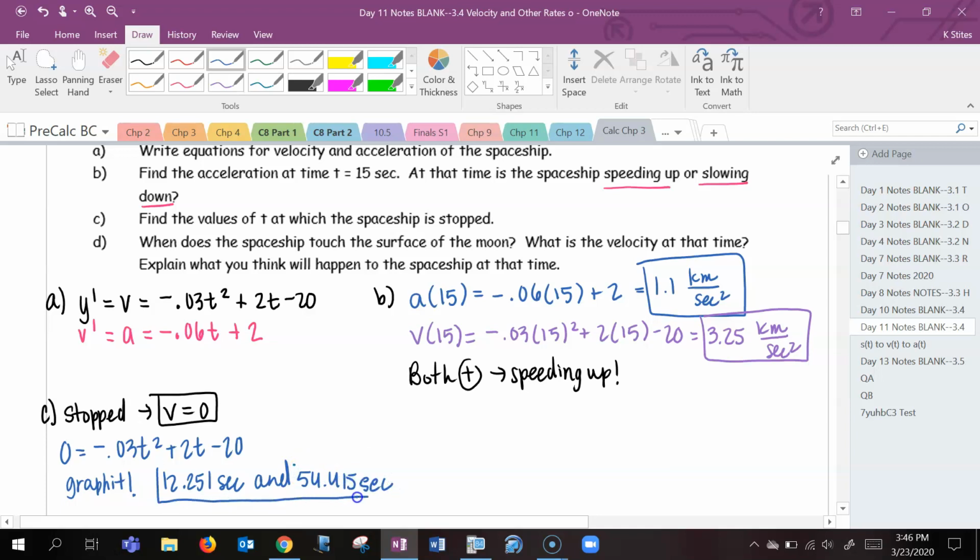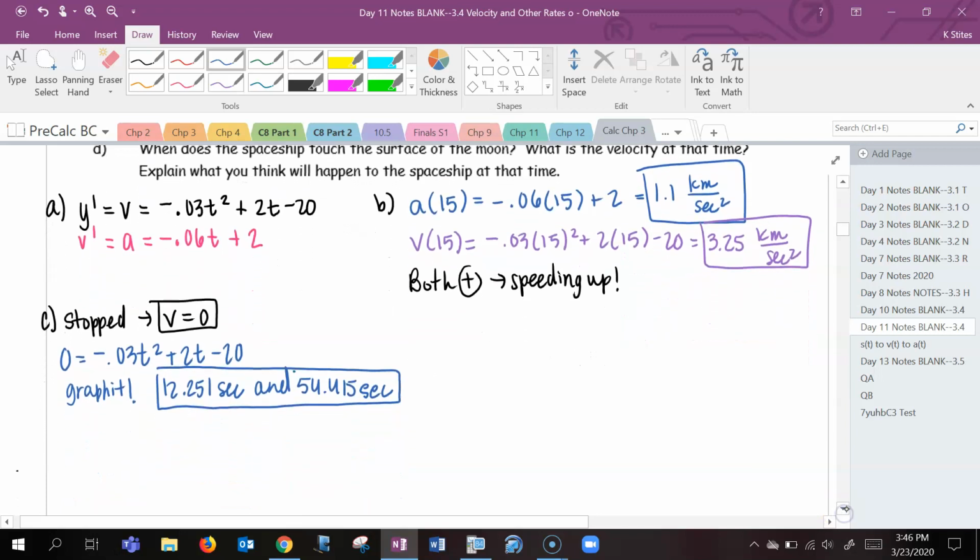Okay, so again, that was the velocity graph, and we wanted it to be stopped, so velocity equals 0. So that's where the velocity graph hit the x-axis. Just do a very brief sketch. So these guys. Okay.